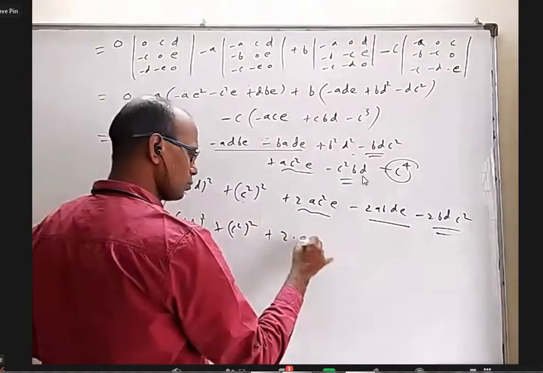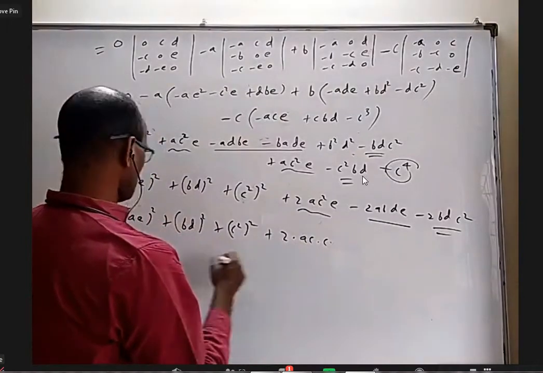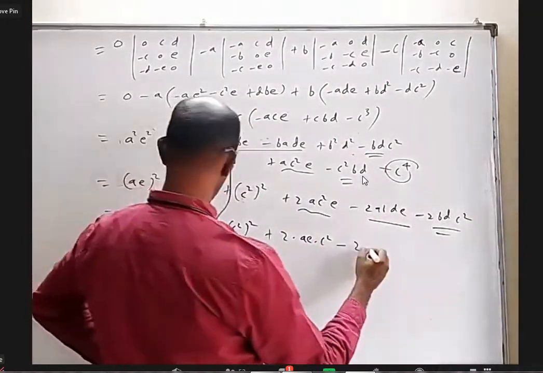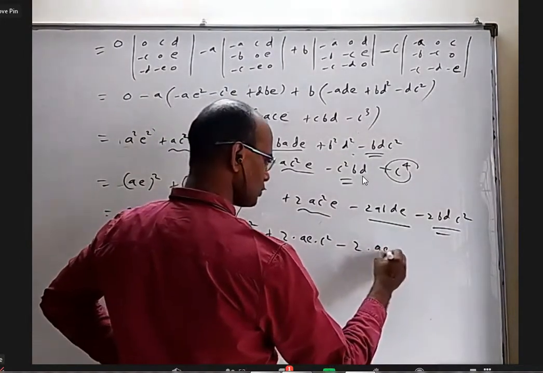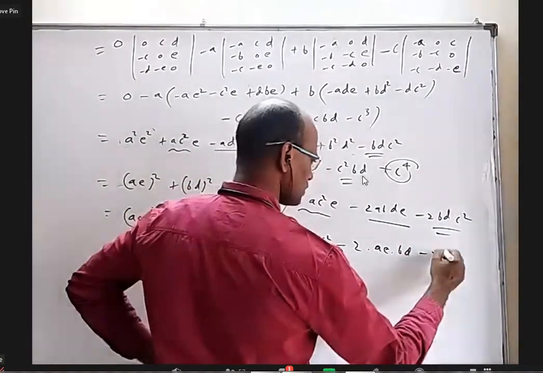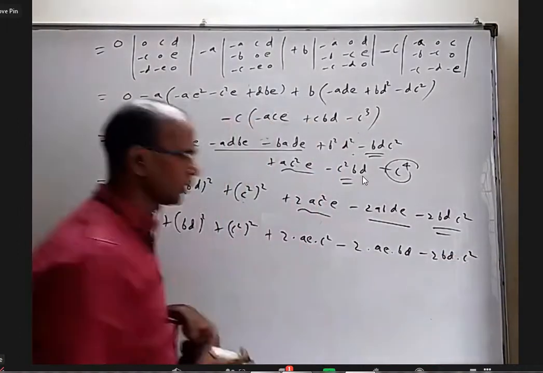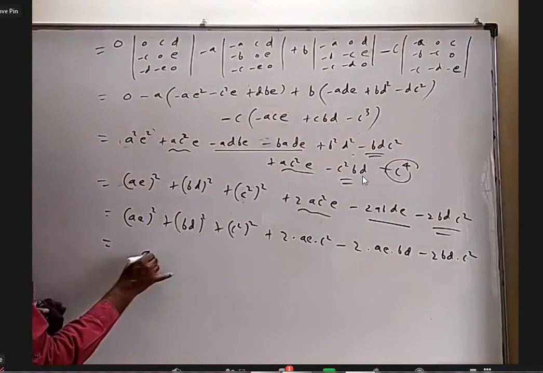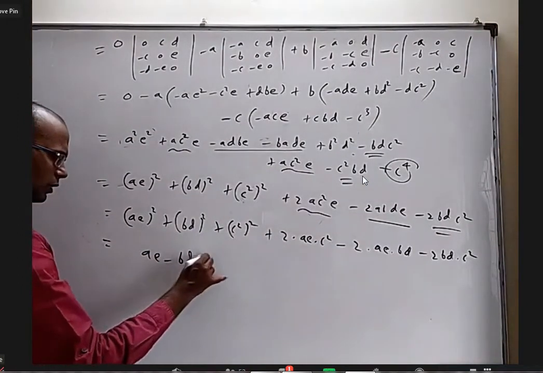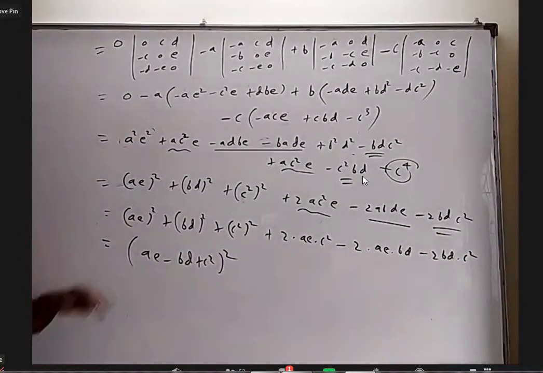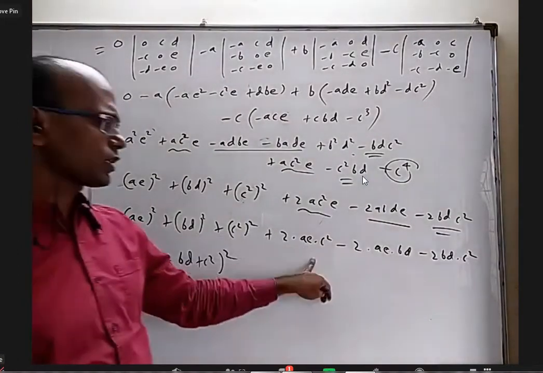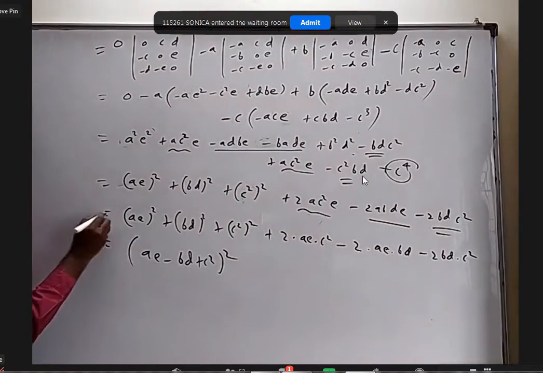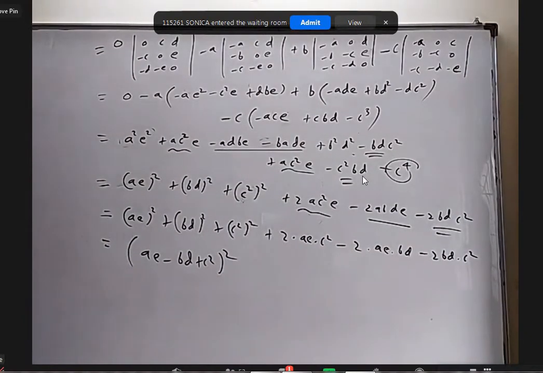This is 2 into AE into C square. This is 2 into AE into BD. This is minus 2 BD into C square. Because I got two negatives, for BD I have to put a negative. So it will be (AE minus BD plus C square) whole square. Like x square plus y square plus z square plus 2xy minus 2yz minus 2zx. Yeah, I was looking for a perfect square, so it is that.